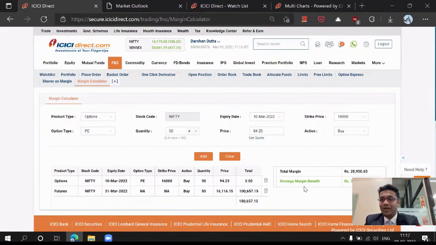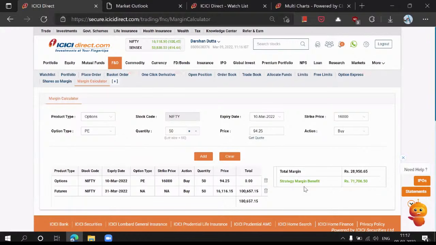Just because you have built a hedge, what is it doing? It's doing two things. One is that it's protecting you against the risk, which is again the single most important thing in trading. And it's also optimizing the margin. The margins have come down from ₹1 lakh to 28,000 rupees just because you built up a hedge on the position.